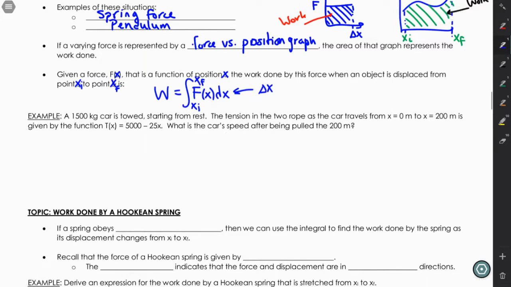Okay, so here's an example where this happens. Like I said, we're going to do a lot with springs, but we could do it really for any force. You'll see here that we have a 1,500 kilogram car being towed starting from rest.